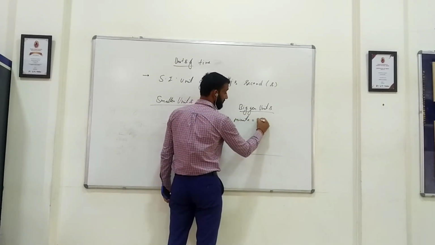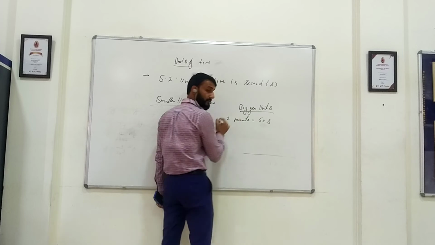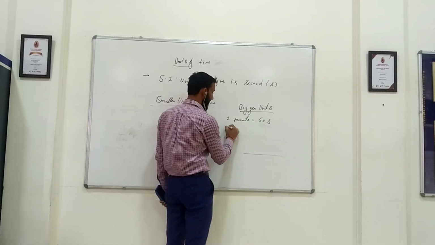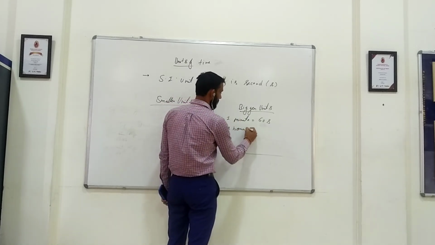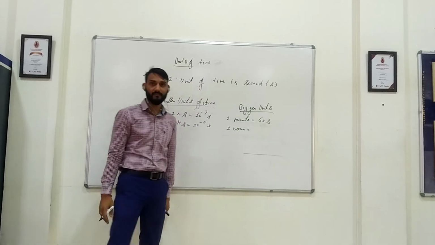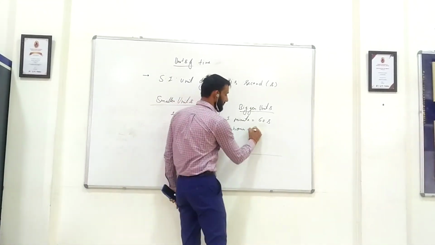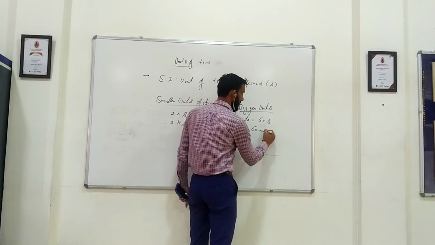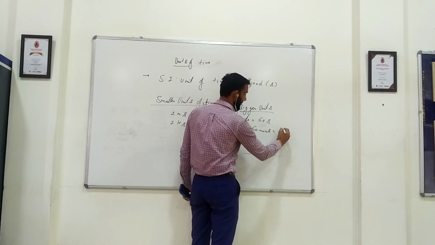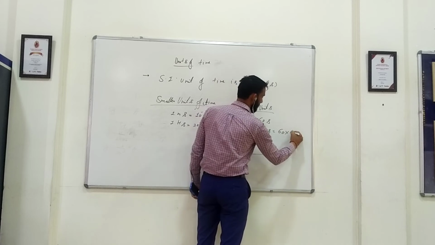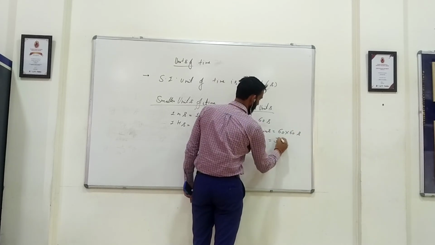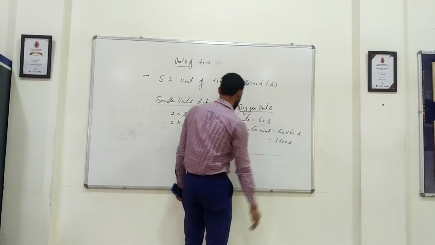So 1 minute is equal to 60 seconds. Then it will be hour. So 1 hour will be how much? 60 minutes, and 1 minute is 60 seconds. So that would be 60 into 60 seconds, so 3600 seconds.